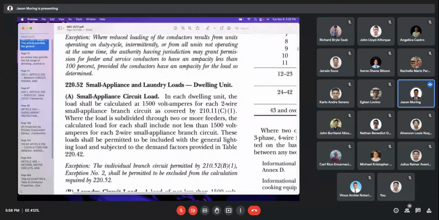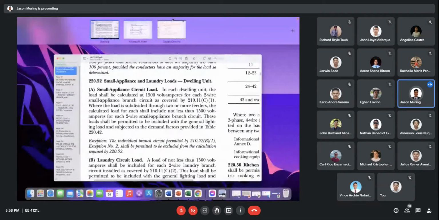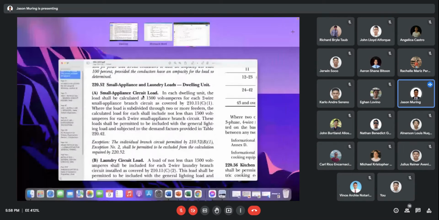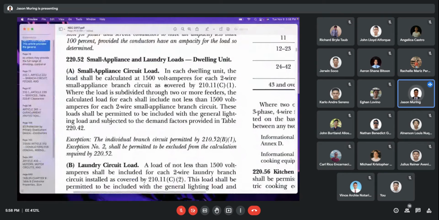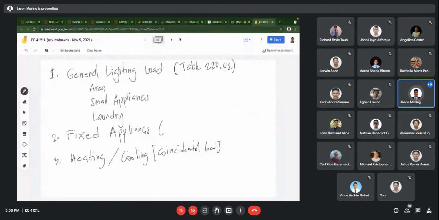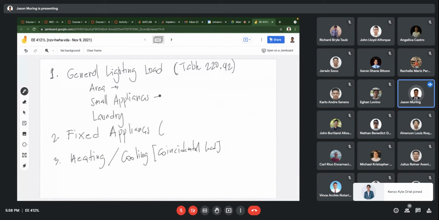Then small appliance and laundry. We also apply this. For small appliance, we need at least two 1,500 VA branch circuits. This is based on the area, and there's a table for this.